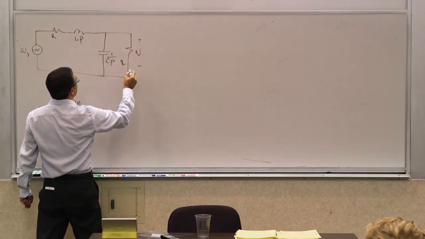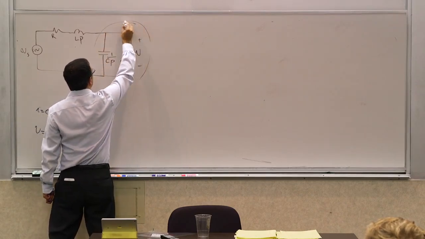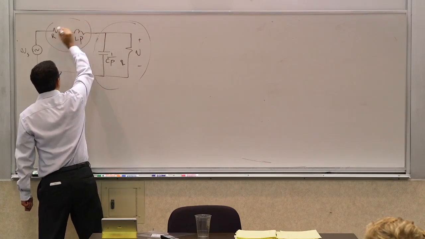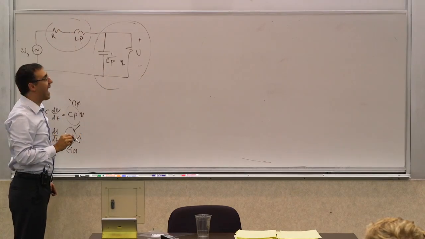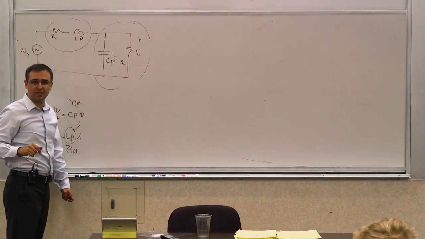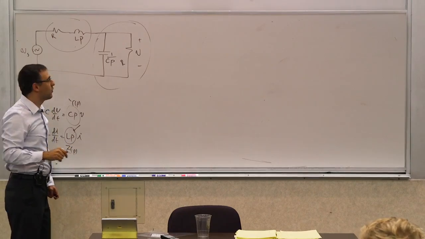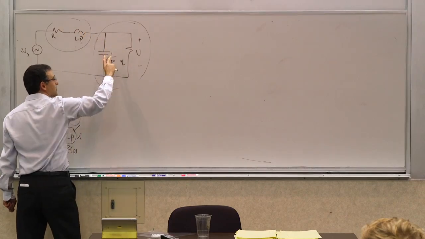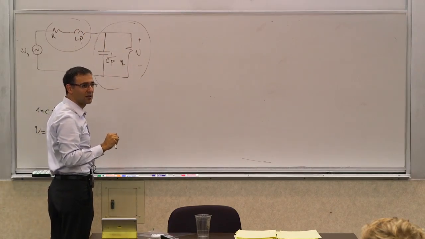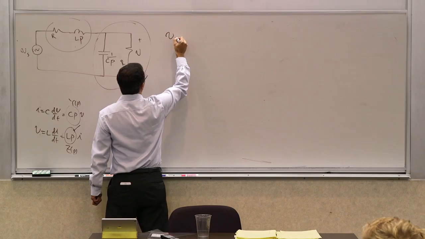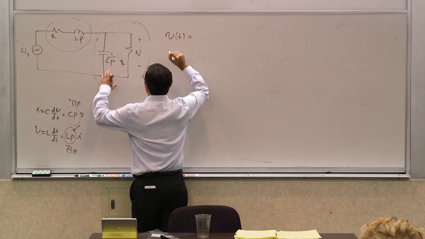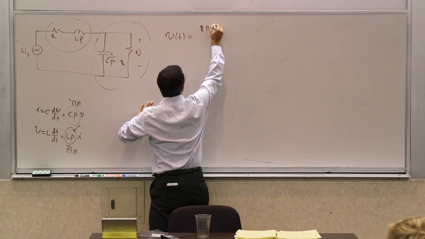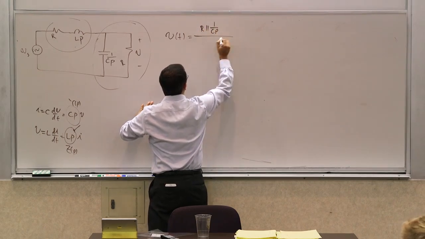You can think about it as two different things. You can think about it as this resistor, which is the parallel combination of these two, and this resistor. And you have a voltage divider between two resistors. So this voltage in terms of that voltage is this resistor divided by the sum of the two resistors. Do you agree? So I can write V of t as this resistor, which is R in parallel with 1 over Cp, divided by R in parallel with 1 over Cp plus, now these two, which add because they're in series, R plus Lp.